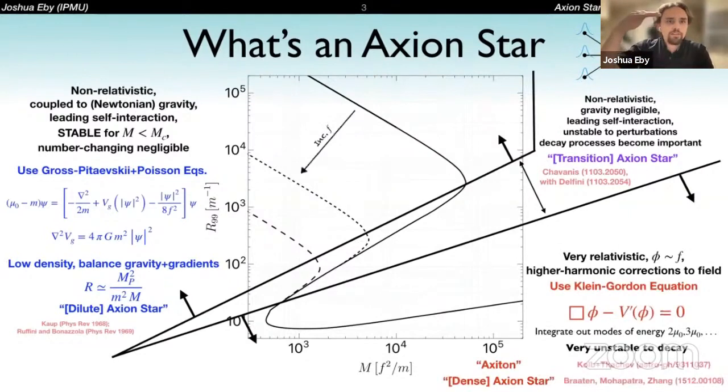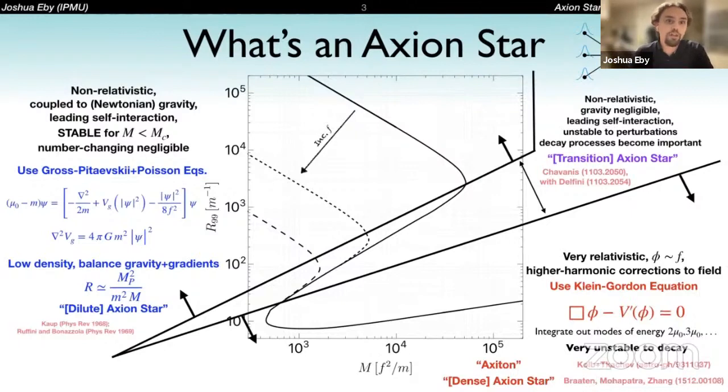And thirdly, we have this most dense branch of axion stars. These are characterized by very high densities, where the field value is roughly of order F. This means that all orders in the self-interaction potential actually become important. And you should not be using the Gross-Pitaevskii equation because this is the non-relativistic approximation.